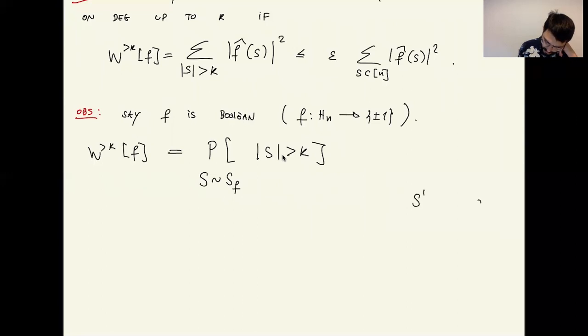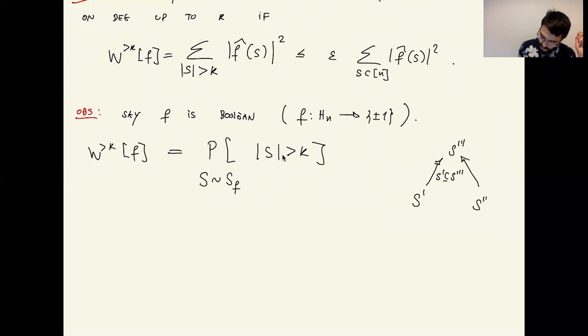You have S1 prime, S2 prime, and S3 prime. These are just subsets of the integers from 1 to n, and you put an edge pointing from one to another if they are included in one another.